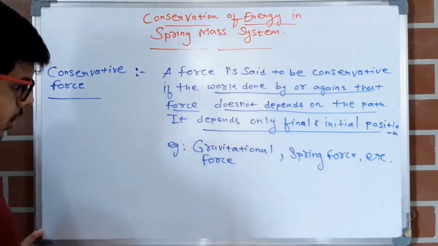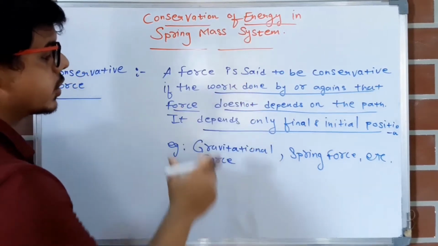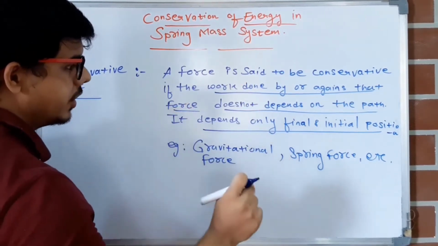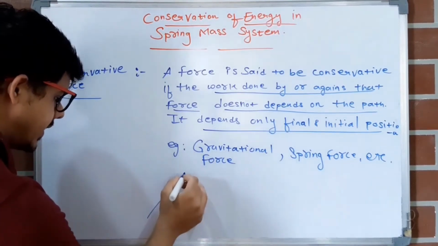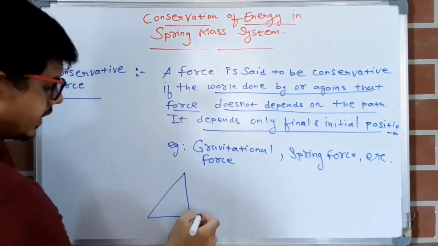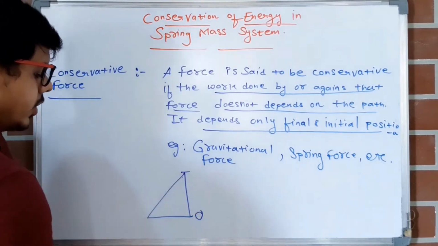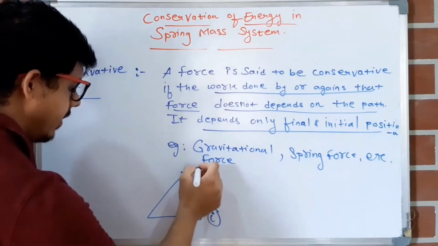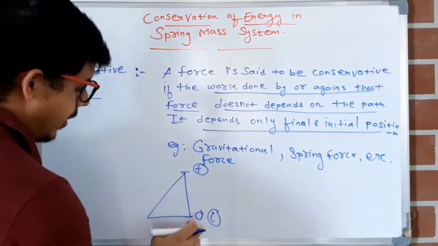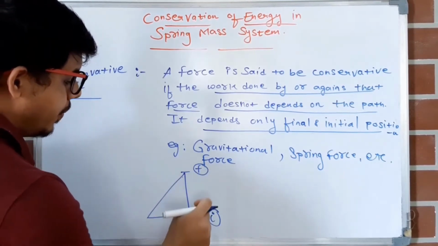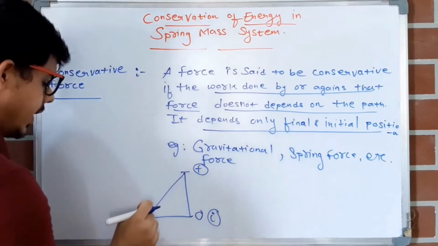The work done by the gravitational force does not depend on the path, it just depends on the initial and final position. Let's say this is a mountain and this ball has to be brought to the top. Our initial position is this and our final position is this, so the initial and final positions are fixed. Now it is our choice to bring this ball directly from here to here.